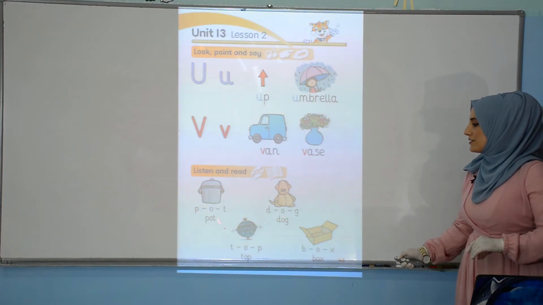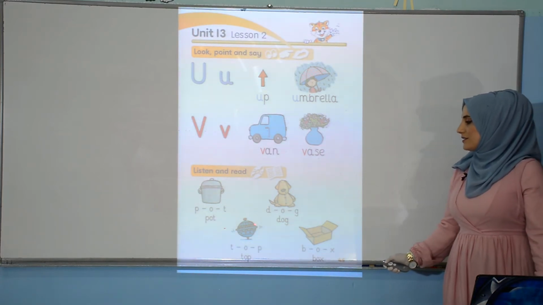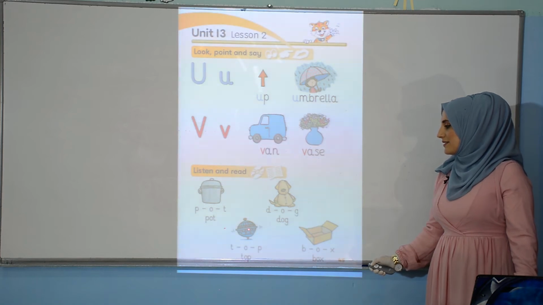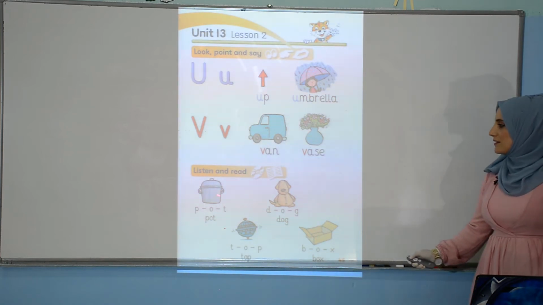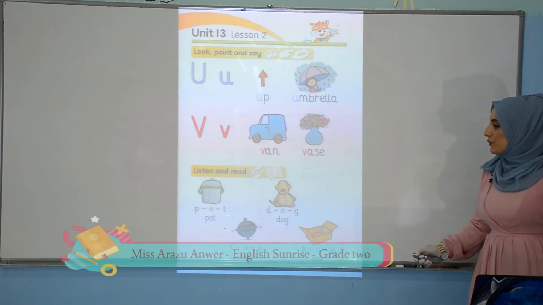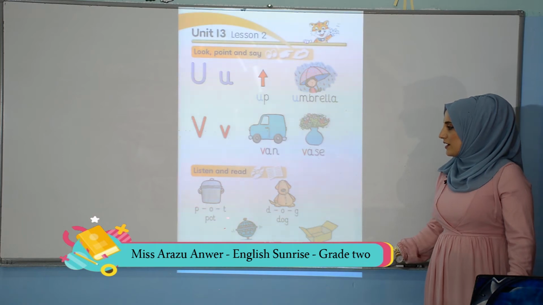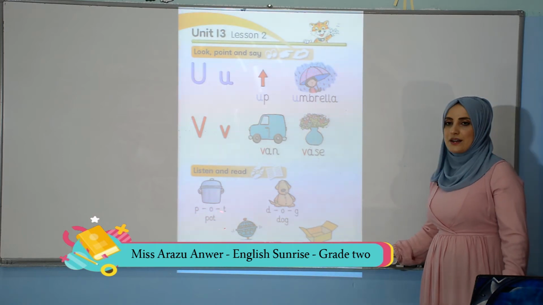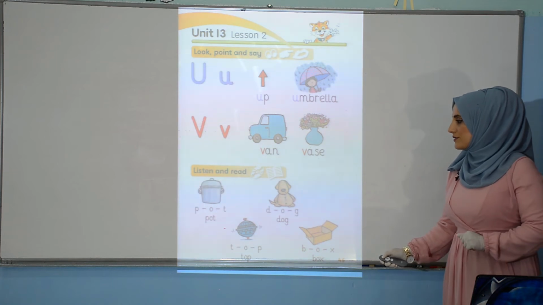Okay students, I ask you a question. What is this? And what is this? It's a top. What is this? It's a box. And what is this? It's a pot. Okay students, we have to look at the letters, okay? And we have to say the letter sounds so as to read the words, okay?